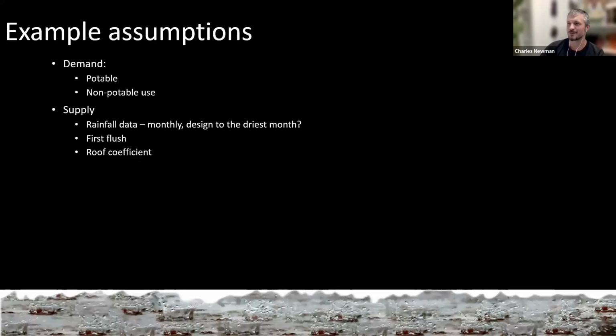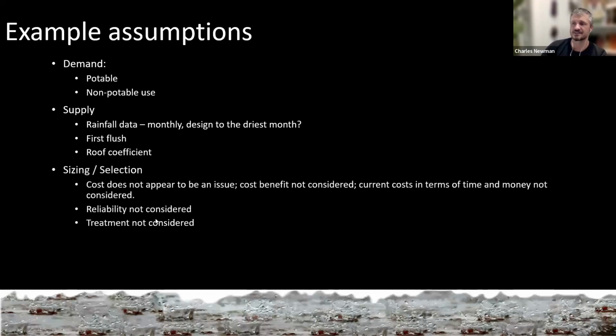And then the first flush system. These are cool little contraptions. I just threw it in here because I want to share them with you. I'll get into that in a moment. And then a roof coefficient. This is an essential constant that you will need to factor into your calculations. I'll get into that in a moment as well. And then sizing and selection.